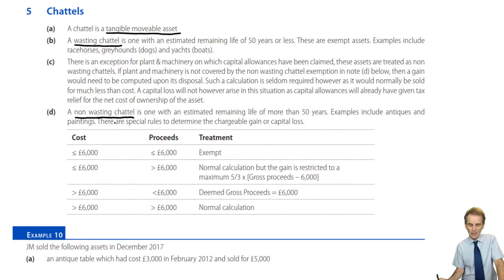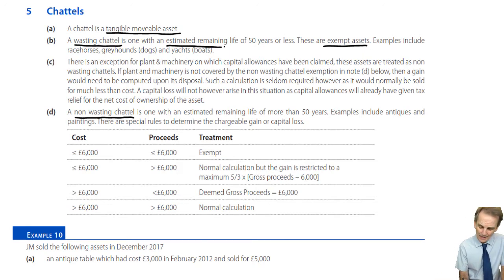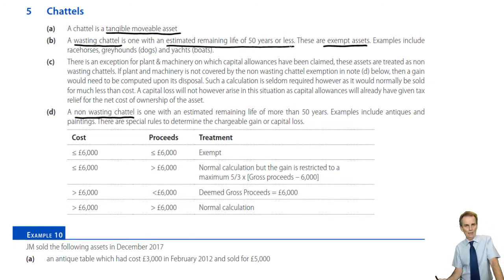That one is an easy one because any such wasting chattels are exempt assets. What is wasting? A wasting chattel is one with an estimated remaining life of 50 years or less. When you dispose of it, it has an estimated remaining life of not more than 50 years.